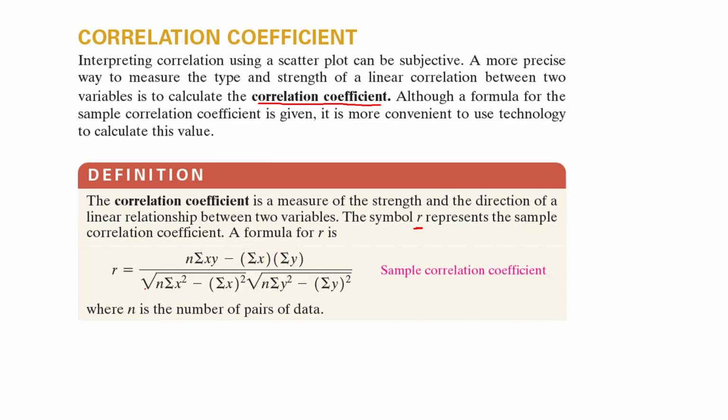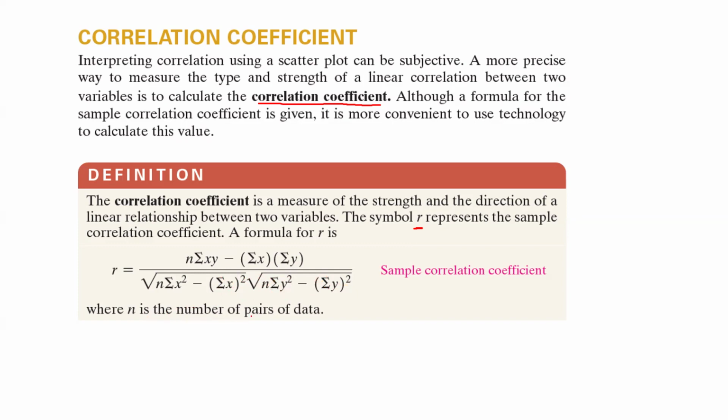On the denominator, you have two square roots. The first square root has n times the summation of x squared minus the summation of all x values raised to the second power. And the second square root includes n times the summation of y squared minus the summation of y's to the second.